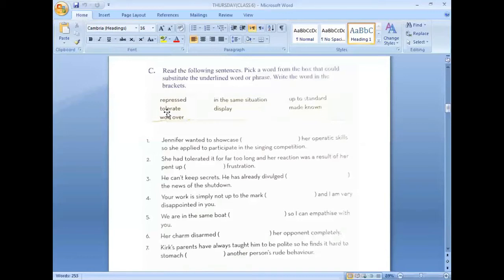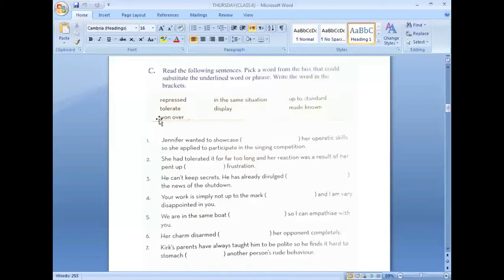Display means to show, to exhibit. That means you are showing something, you are having an exhibition of something, that is display. Made known, to tell everybody a secret, to make someone know a secret. Won over means to persuade someone to accept or support something.